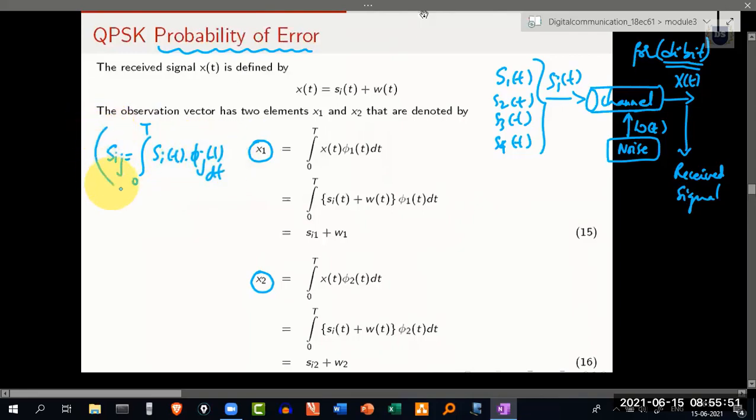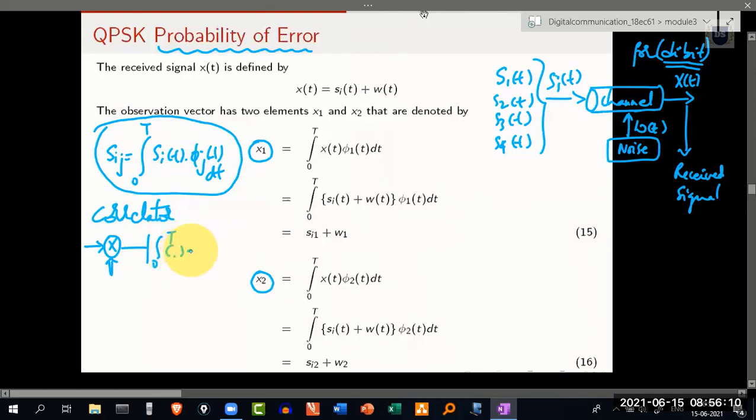And this will happen at what stage of the receiver? It happens in the correlator stage. We know that a correlator is a unit that contains a multiplier unit followed by an integrator unit. So this entire extraction happens over the correlator stage.